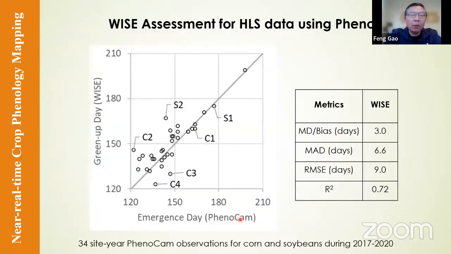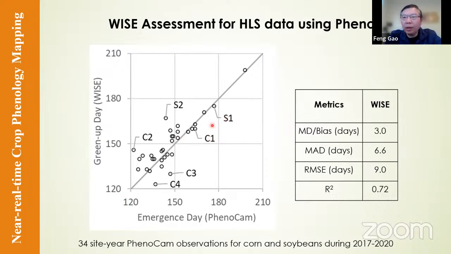First, we want to assess the emergence detection from HLS using phenocamera observation. Those are 34 phenocamera sites. We find most of them agree well, but there are some, like corn number 1 and soybean number 1, with late detection.